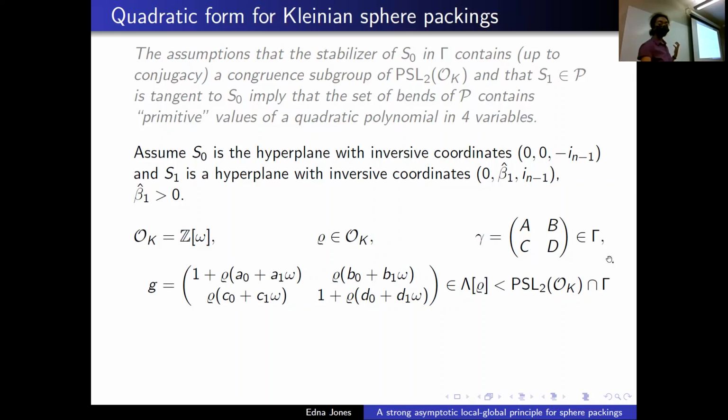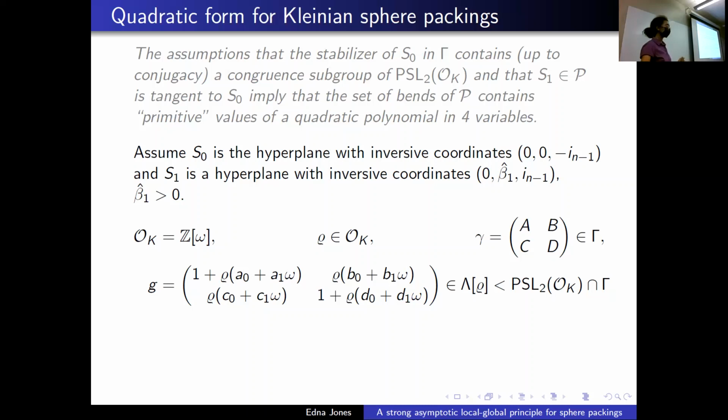I'm going to let gamma be some element in my automorphism group, big gamma, and I'm going to let G be some element in the principal congruence subgroup defined by rho, and this principal congruence subgroup is a subgroup of PSL2 OK intersected with my automorphism group, big gamma.